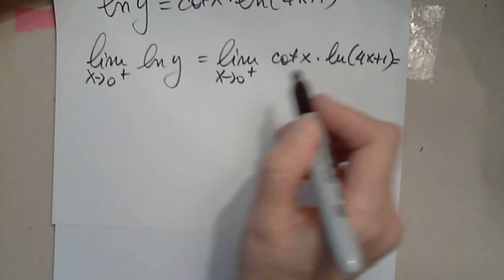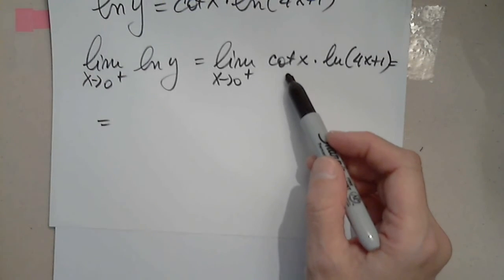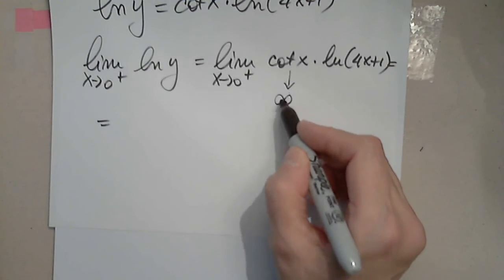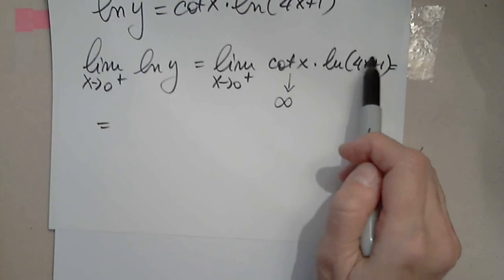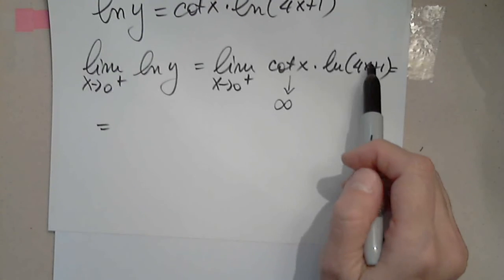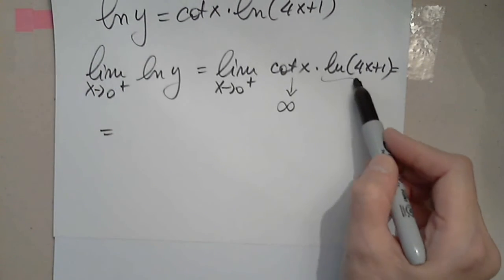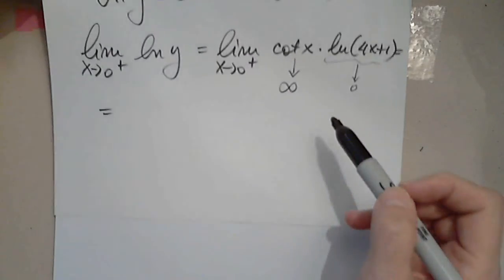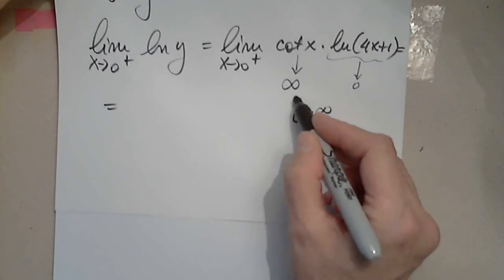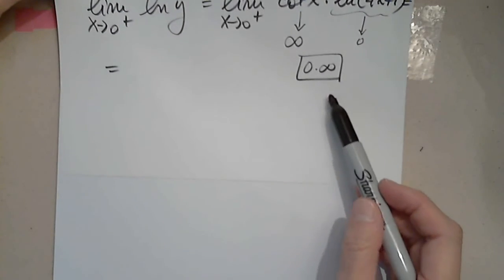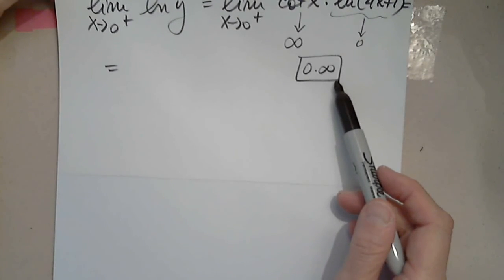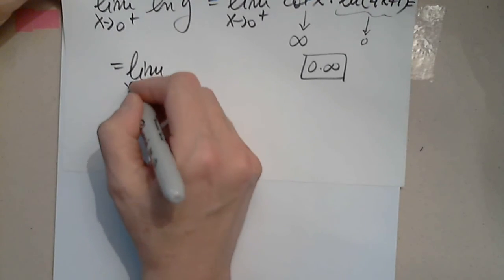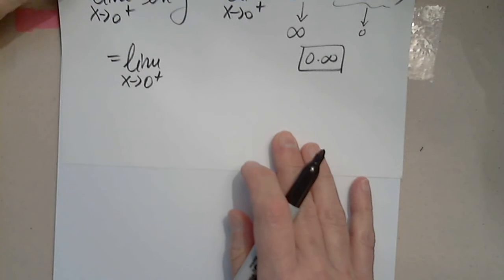And now I continue, and of course I have to check. Cotangent, as x approaches 0 from the right, this approaches infinity. And this approaches, when x approaches 0, this approaches 1, natural log, this is 0. So we changed the 1 to infinity into 0 times infinity, which we really like because this one requires an algebraic manipulation to change it into L'Hopital's rule cases. So then limit, x approaches 0 from the right.